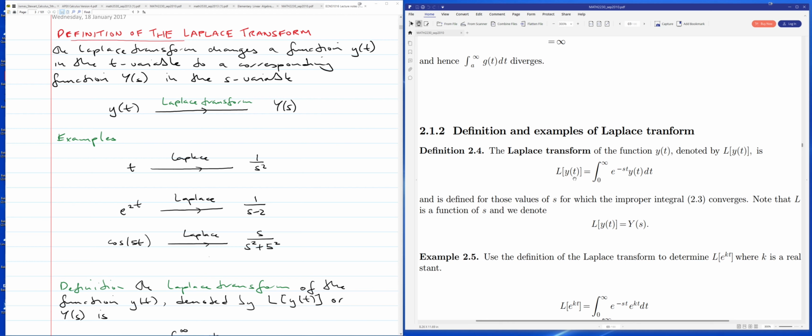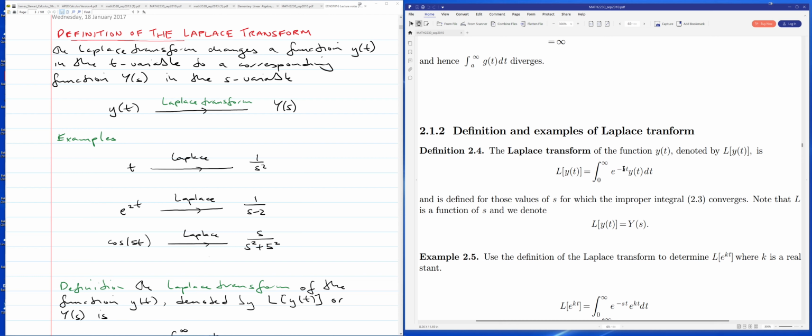You want to read this as the Laplace transform of y of t. You get it by taking this y of t and multiplying it by an exponential, e to the minus st. This s over here is the s that's going to eventually show up in your Laplace transform.